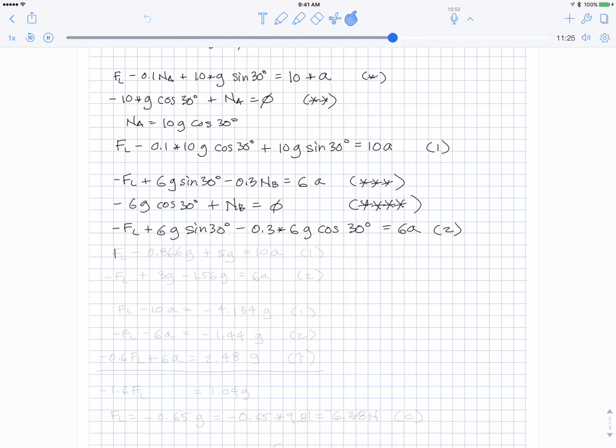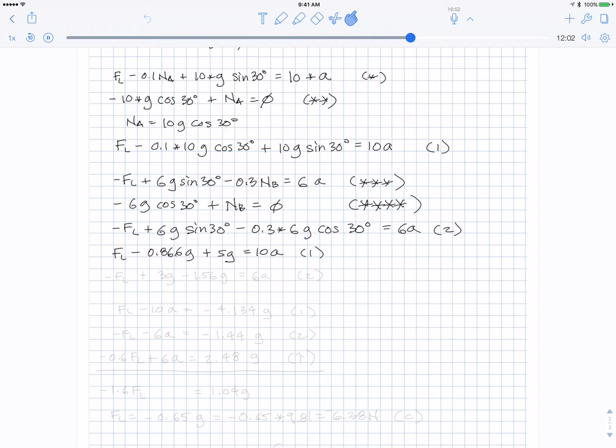So I've got FL minus 0.1 times 10 cosine 30 degrees, so that's just cosine of 30, 0.866G, plus 10G sine 30, that's 5G, equals 10A.